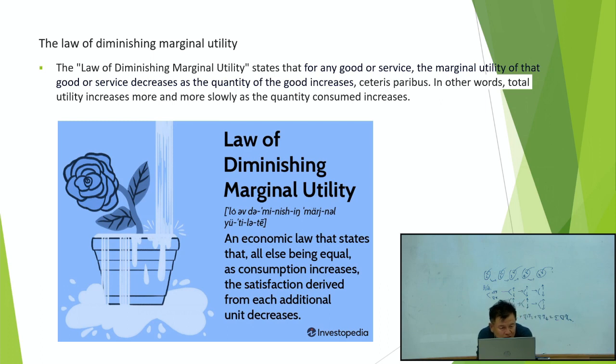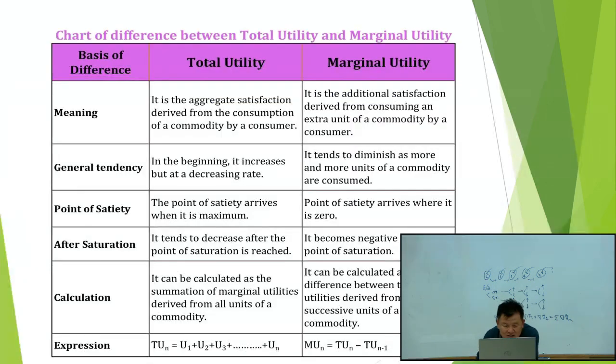The law of diminishing marginal utility states that for any good or service, the marginal utility of that good or service decreases as the quantity of the good increases. In other words, total utility increases more and more slowly as the quantity consumed increases.